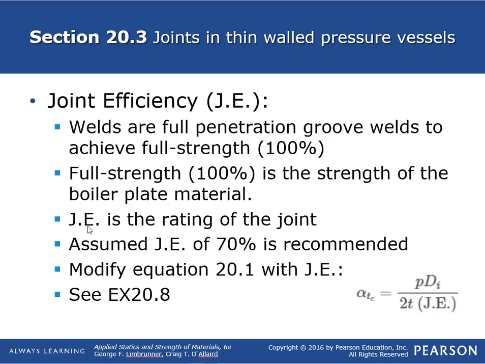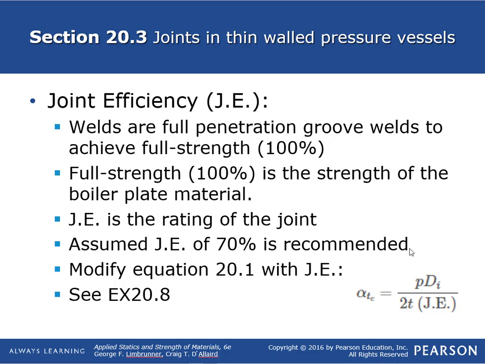JE, or joint efficiency, is the rating of the joint. For most joints, a joint efficiency of 70 is recommended, if you don't do any x-rays or anything else. You can design a joint through quality to look at all of your joints through x-rays, in which case you can get a higher joint efficiency.